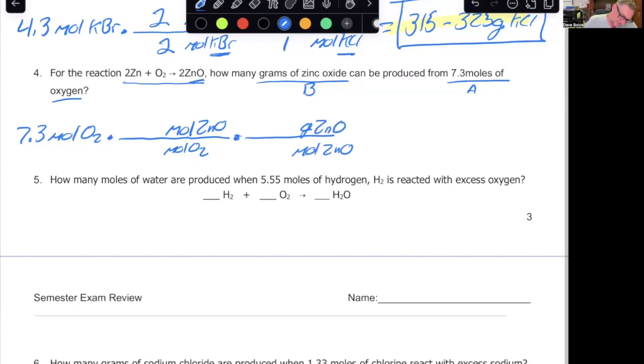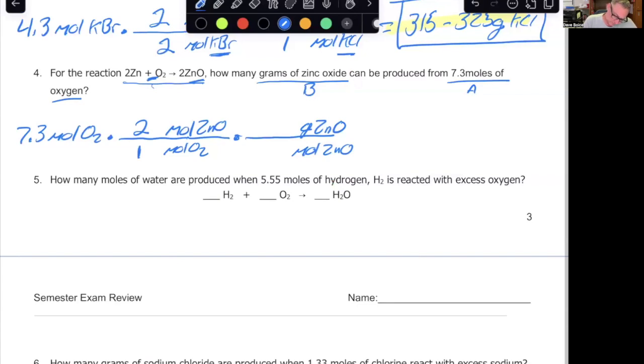Now I can start filling in numbers. For oxygen right there, I've got a 1, and ZnO, I have a 2. So for every 1 mole of oxygen I react, I can produce 2 moles of zinc oxide, which makes sense because there's only 1 oxygen in zinc oxide.